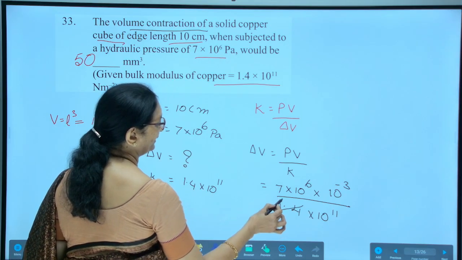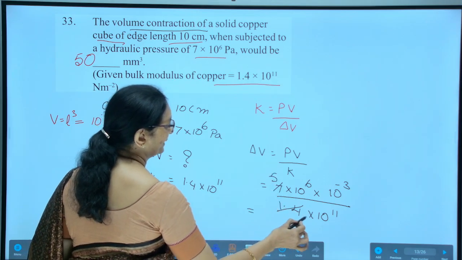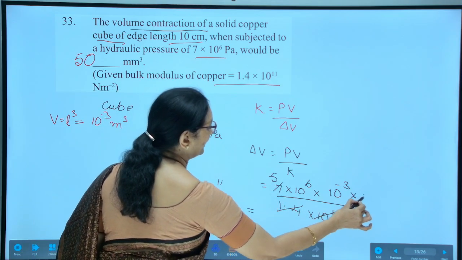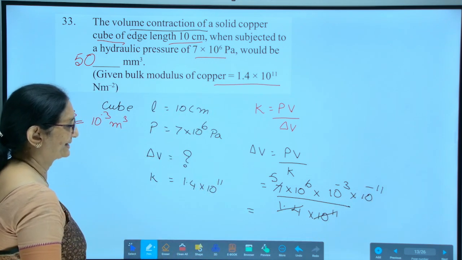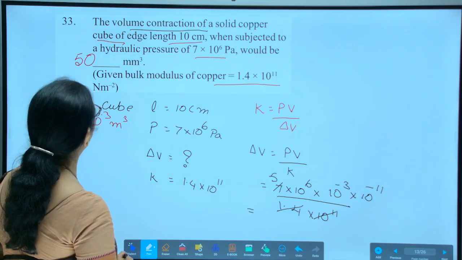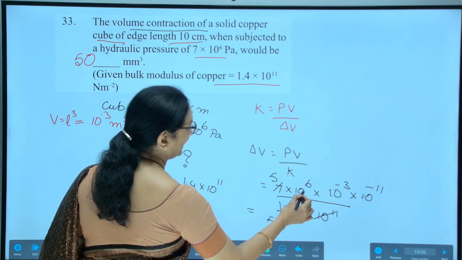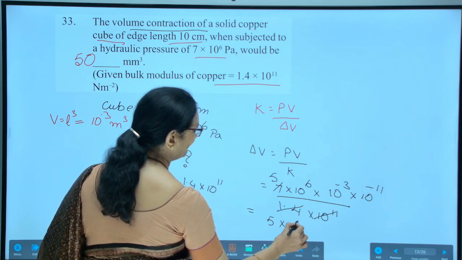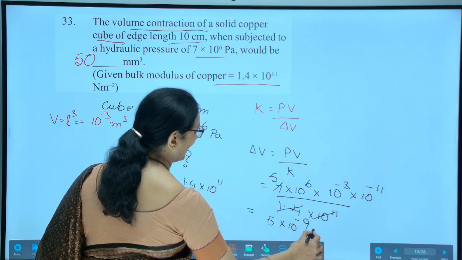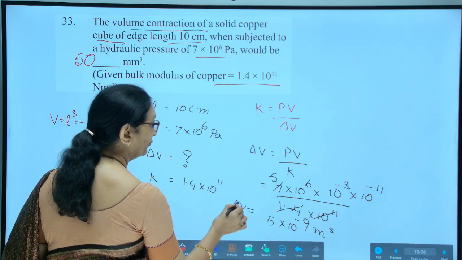So 1.4 goes 5 times. The 10 to the power of 11, if it goes to the numerator, becomes 10 power minus 11. So it becomes 5 into 10 to the power of 3 into 10 power minus 11, which is 10 power minus 9 meter cube. That is delta V we got.